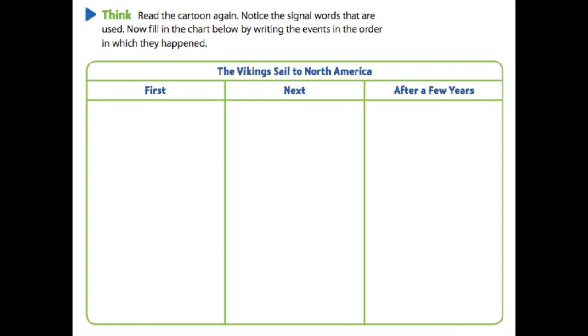You're going to use the information in the picture and also the information underneath the picture to help you tell me in your own words what is happening in that first picture, what's happening in the next picture, and what's happening after a few years in that third picture. Make sure you are telling me in your own words. Do not copy down the sentence underneath the picture. Okie dokie?